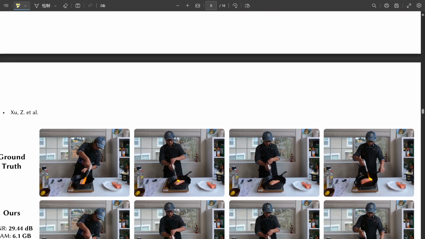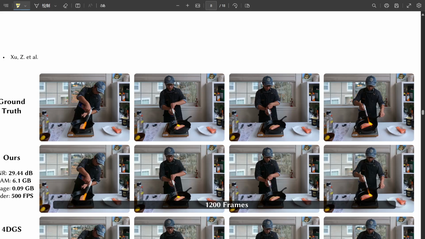Well, I, for one, am excited to see where this all goes. Me too. The future of volumetric video is bright. Very bright.